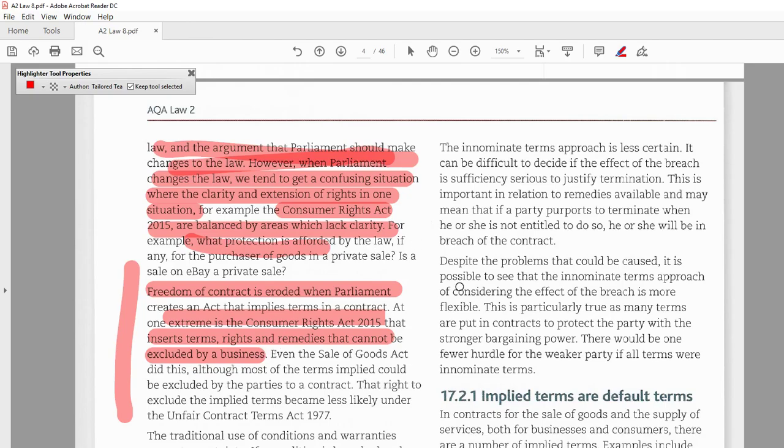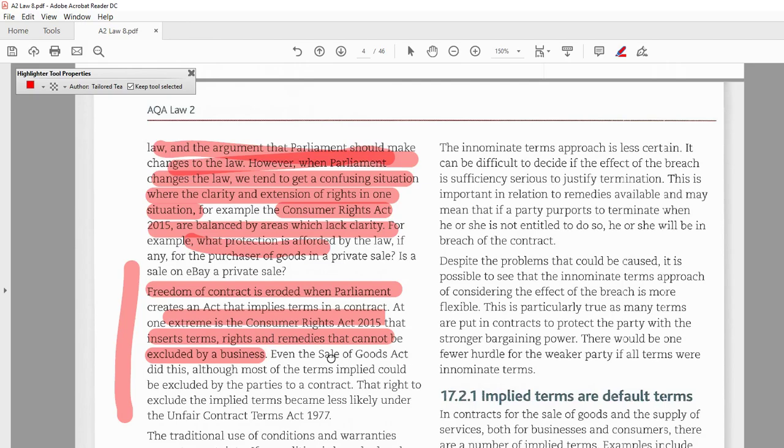That is a very strong example of the freedom of contract being contravened and effective, not in a negative way. You'd say it's not. You can't say it's central. You could argue that the Consumer Rights Act has more power now, because it can insert terms. Look, insert these terms, insert rights, insert remedies, which are not excluded by.